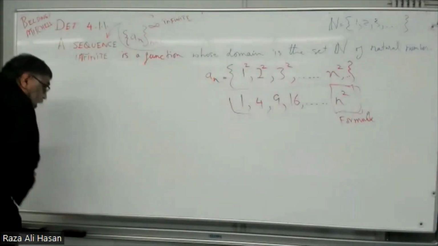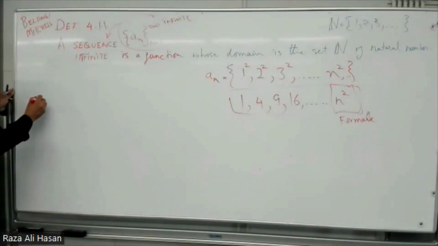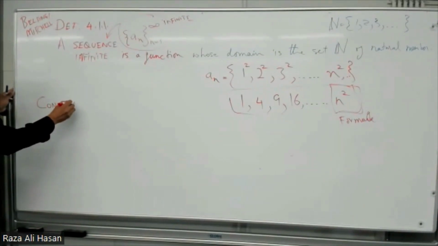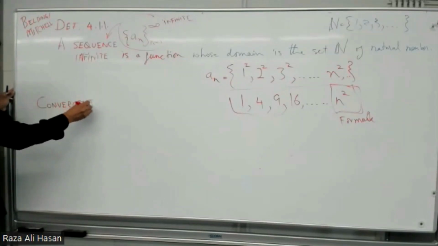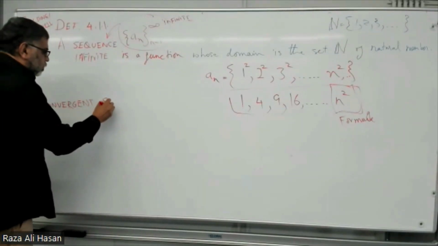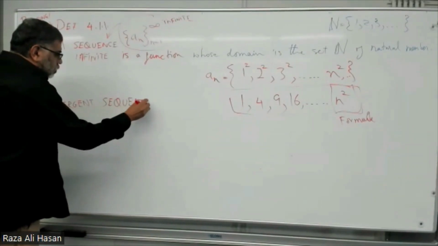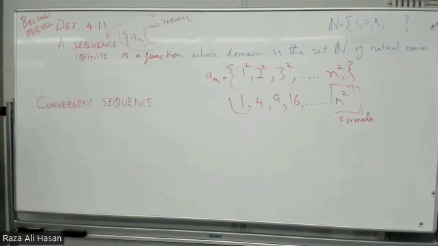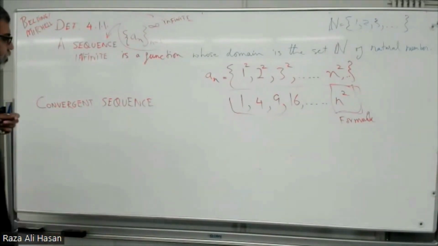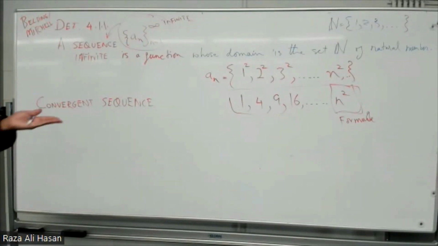Now let's look at something quickly: a convergent sequence. What's a convergent sequence? A convergent sequence is a sequence that has a limit.